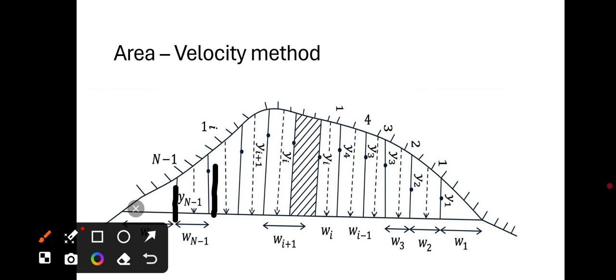Segment width should not be greater than 1/15 to 1/20 of the width of the river. Discharge in each segment should be less than 10% of total discharge. The difference in velocity in adjacent segments should not be greater than 20%. For this reason, the velocity verticals may not be equally spaced.